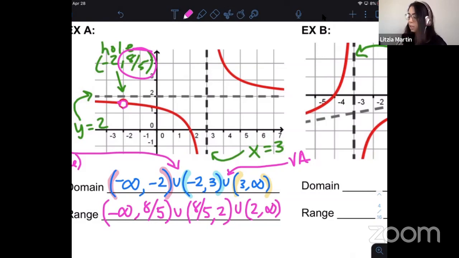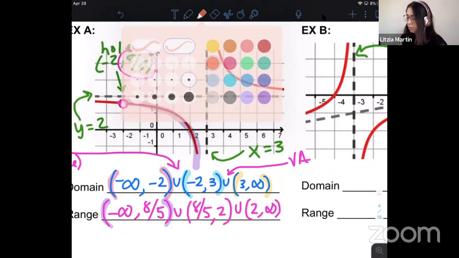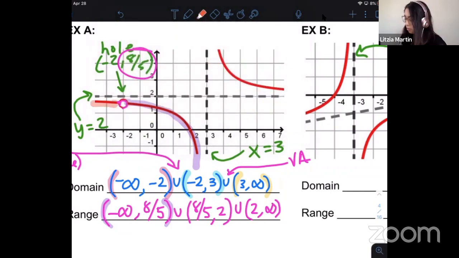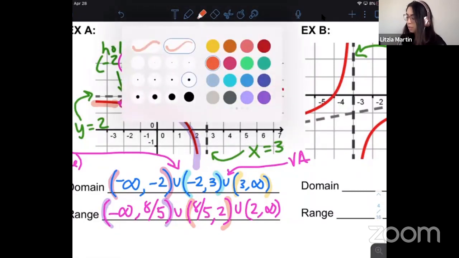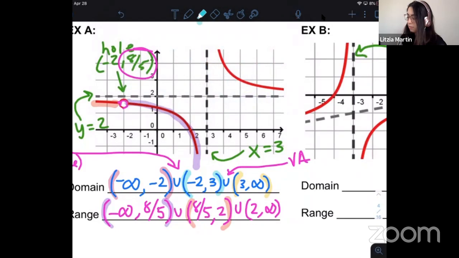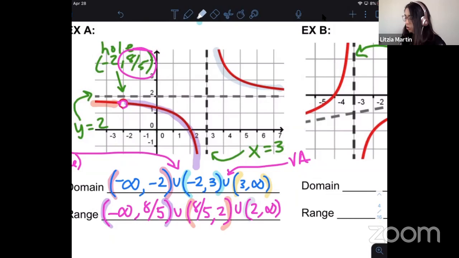So we can see the different parts here. This part from negative infinity to 8/5 is there. We've got this little chunk here from 8/5 to 2. And then we've got the last piece. Let's do this color. There, 2 to infinity. So for the range, what are the two things that are going to break it up?